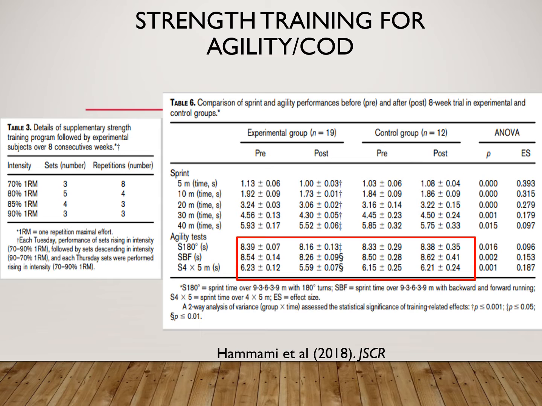So whilst it's probably influencing acceleration capabilities within these individuals, we're also probably seeing an increased ability to cope with the eccentric and isometric loads that are going through the body as they turn.